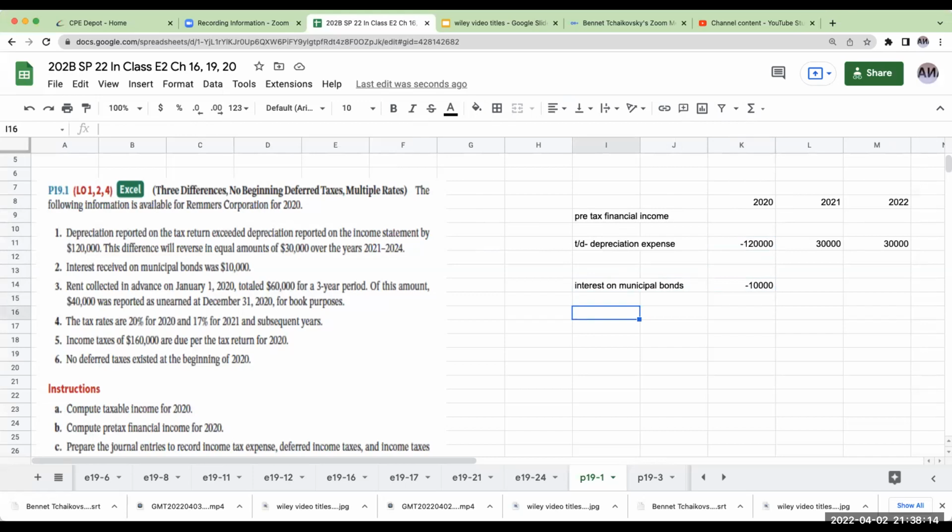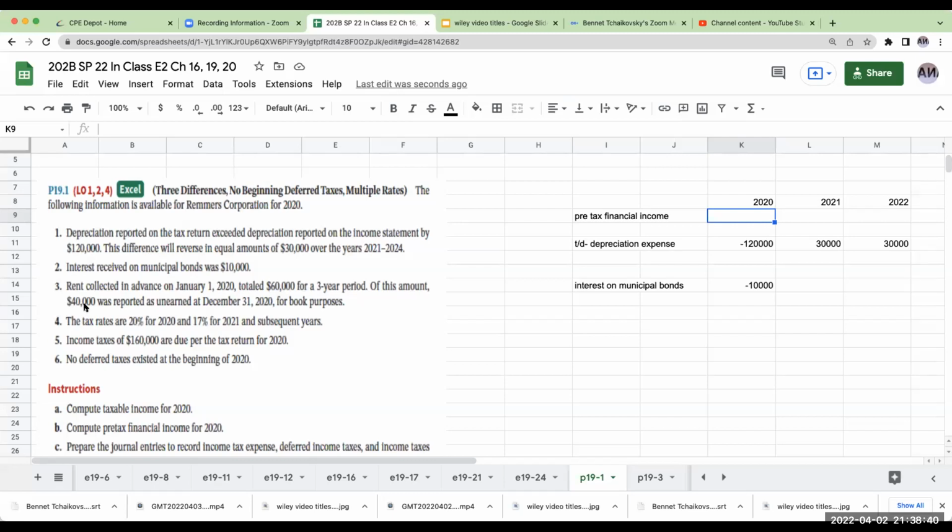Number 3, rent collected in advance on January 1st totaled $60,000 for a 3-year period. Of this amount, $40,000 was reported as unearned for book purposes. So on my pre-tax financial income, I would only be showing $20,000 as income for the current year because I have not yet earned that.